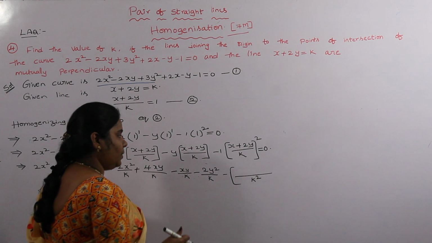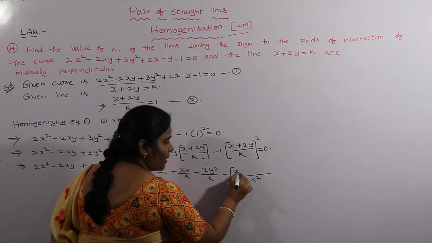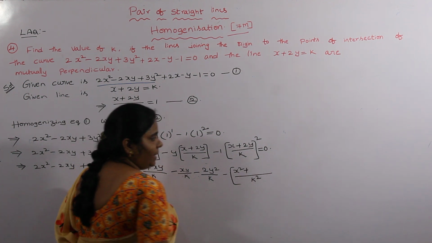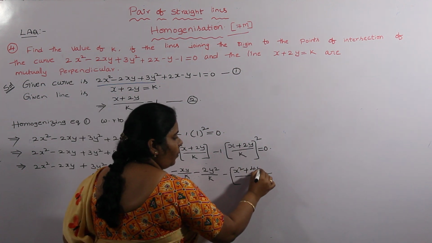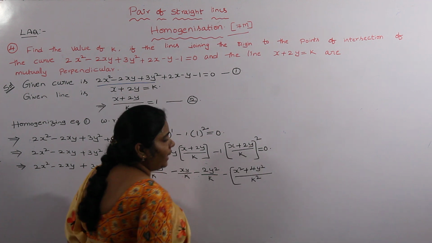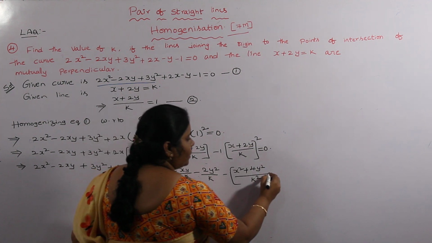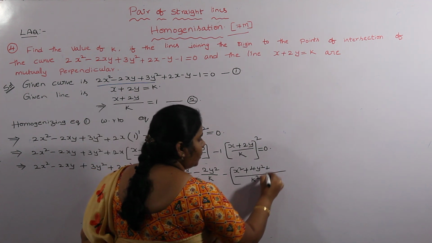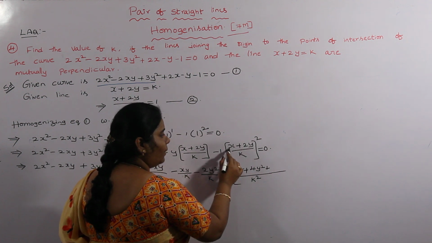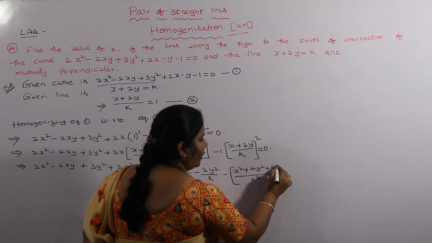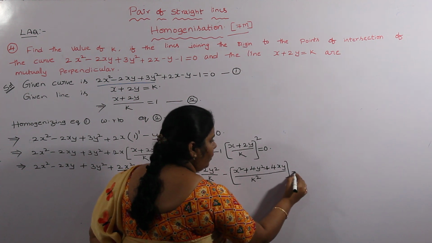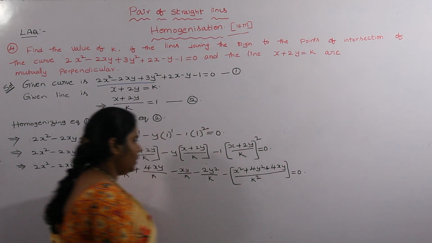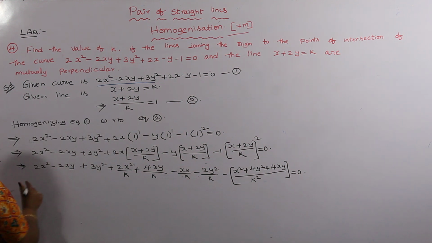What is a plus b whole square? a square is x square, plus b square. b square is 2y whole square, which can be written as 4y square, plus 2ab, which is 2 into 2, that is 4, into xy, so 4xy, is equal to 0. Next, this is taken as is, no need of change.